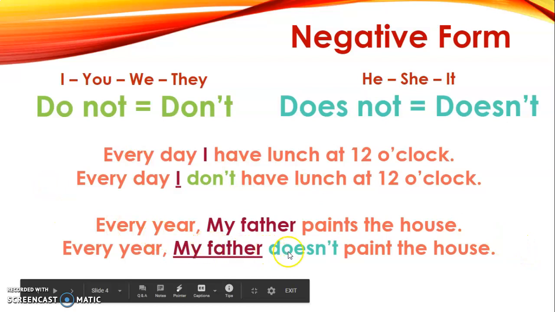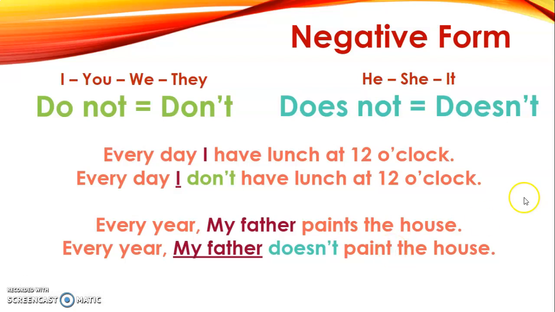Cada año mi papá no pinta la casa. ¿Ok? Entonces ponemos el auxiliar doesn't porque el pronoun o el subject de esta oración es my father. El protagonista es mi papá. ¿Ok? Ojo, como aquí ya hay una S en does, aquí ya no la ponemos. ¿Listo? No hay necesidad de poner dos S. ¿Got it? ¿Entendieron?